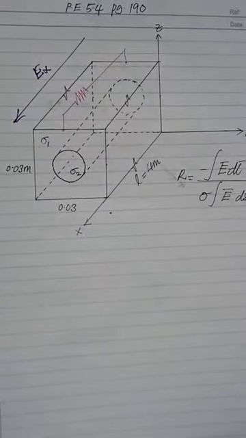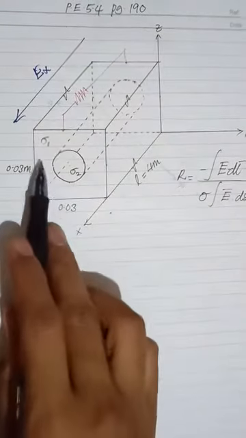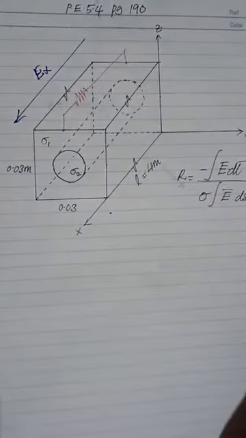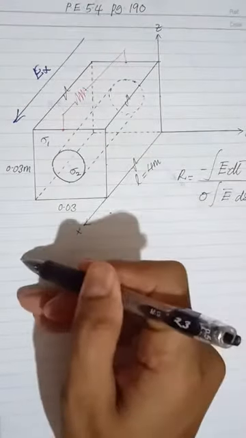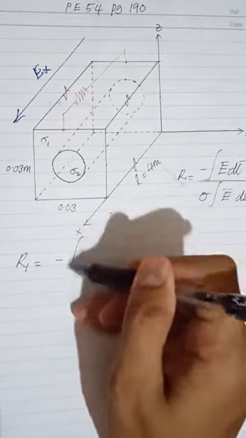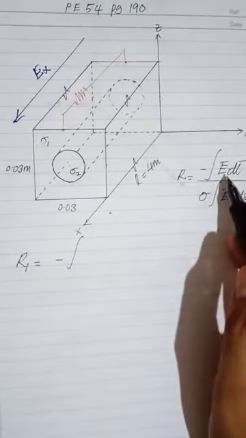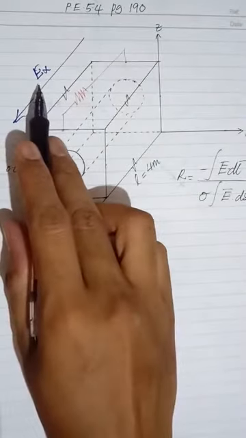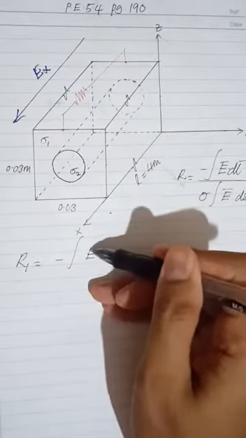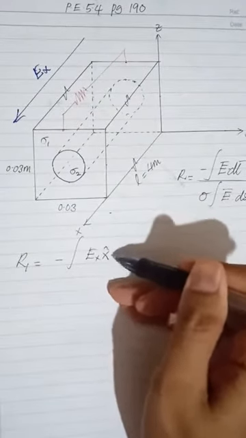So let's find the first one, R1, the R due to the first material. We need to use this equation. So R1 is actually a negative integration. The E here, guys, has an X component which propagates along the X-axis, so you can simply put here Ex in the X component.